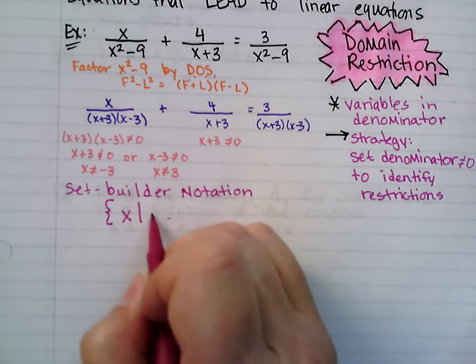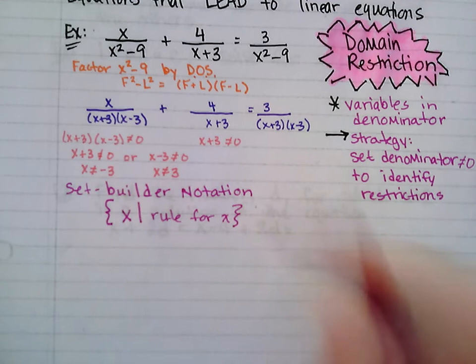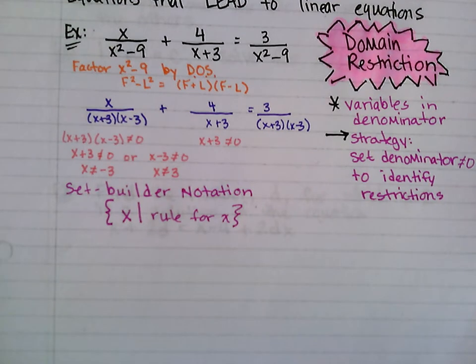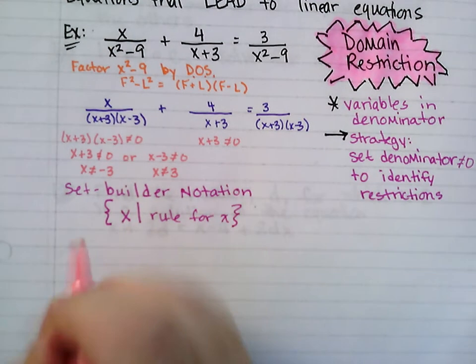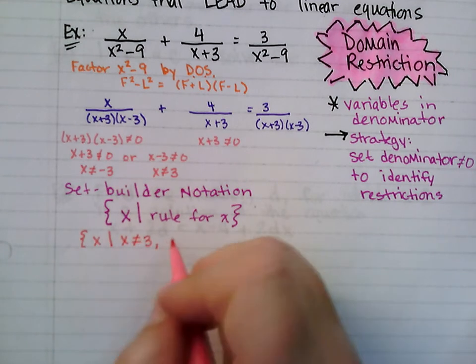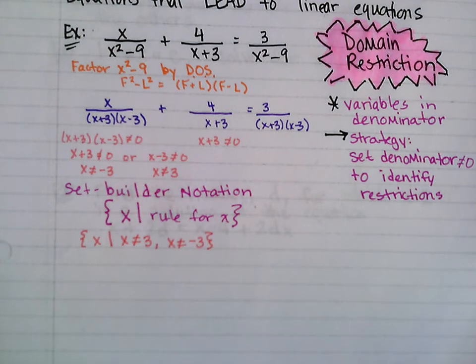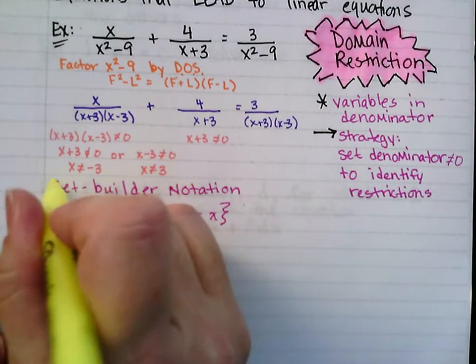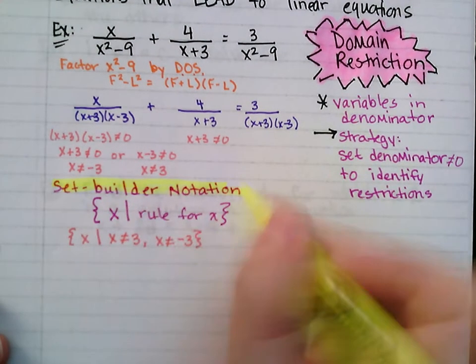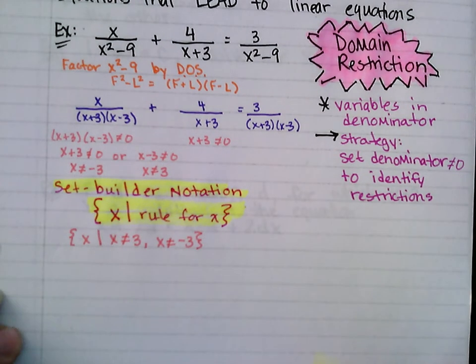So in this case, what our set builder notation would be is all values of x such that x is not equal to 3 and x is not equal to negative 3. So let's go ahead and kind of highlight our set builder notation. I mean, we'll talk about it again later, but it goes along with domain.